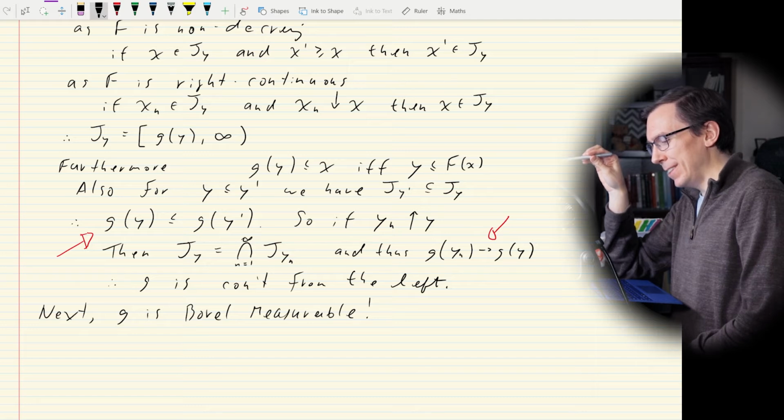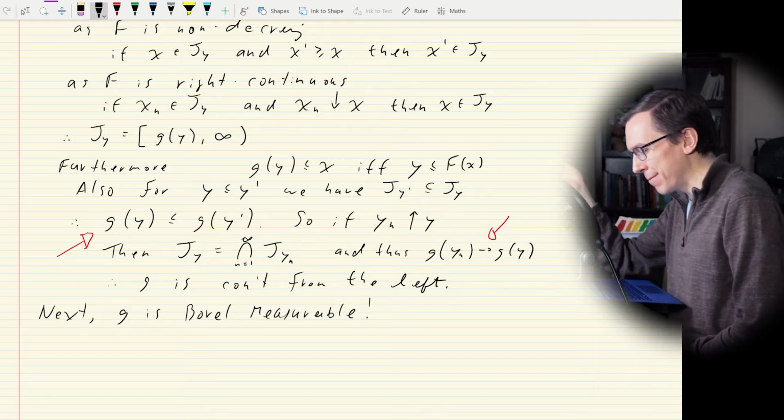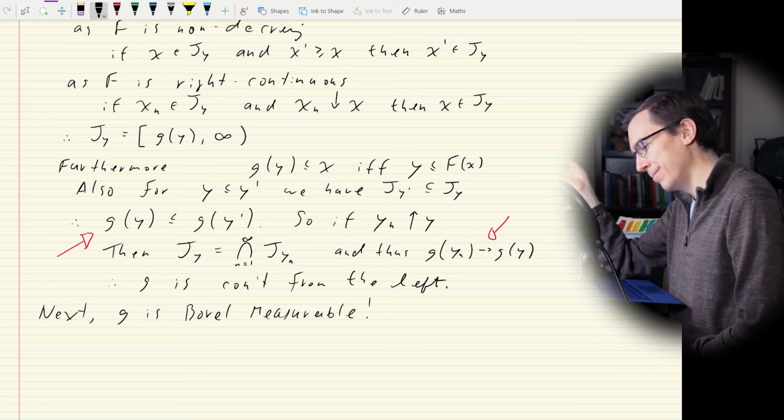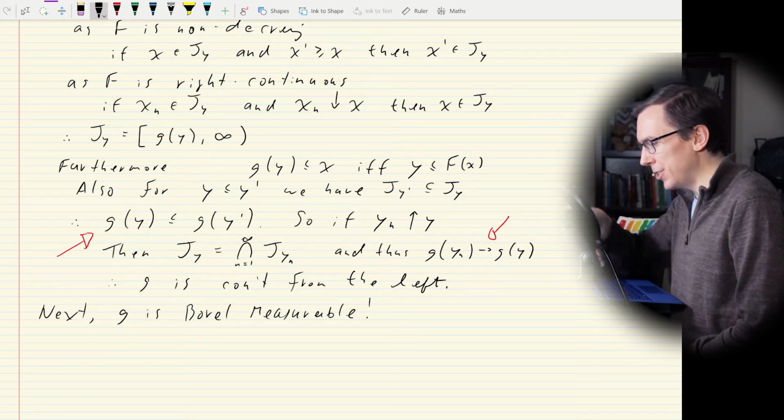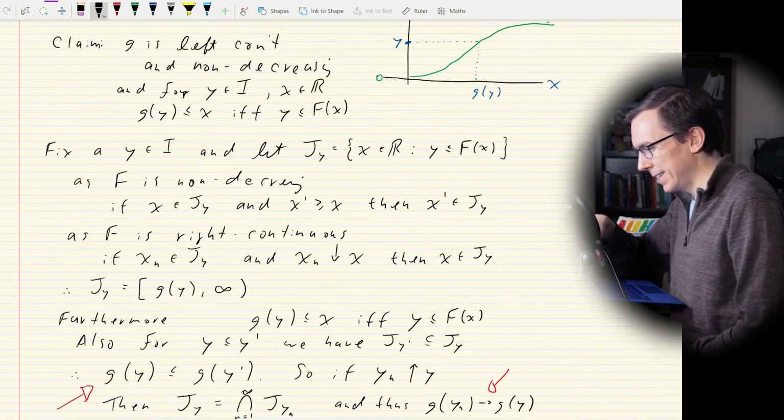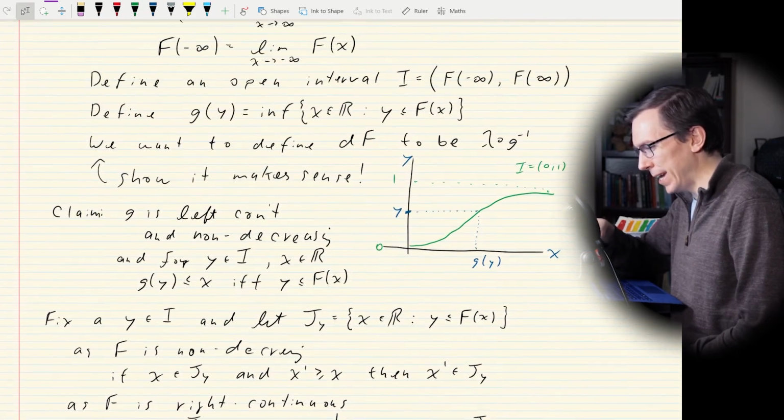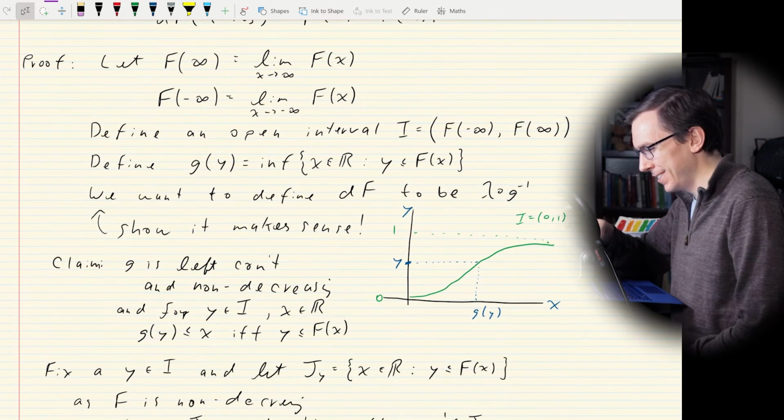So if f is measurable, inverse images preserve set operations, and G is defined, where is G defined? Way up at the top, right?